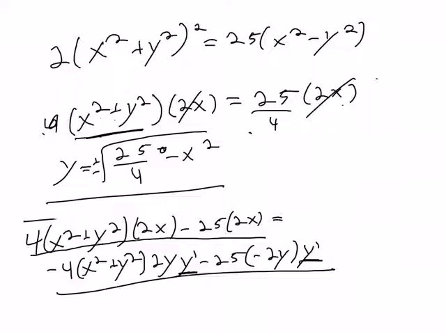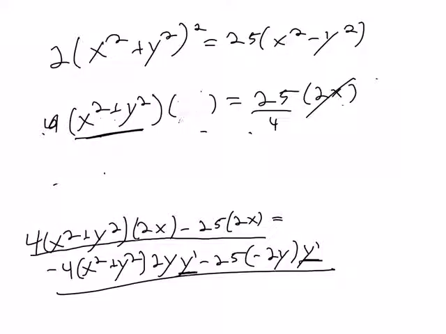But we also want specific points that are on the curve, right? We don't want to randomly choose points that are not even on the curve. So we don't even want all of these.